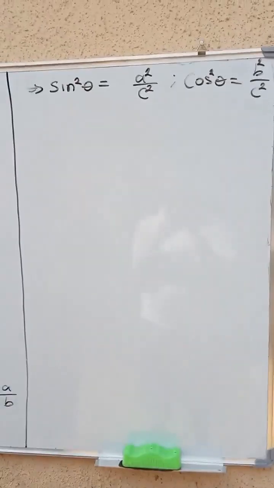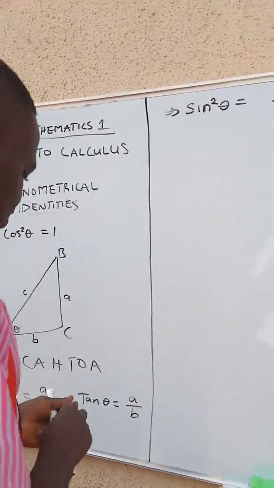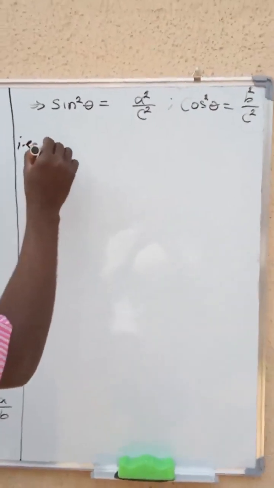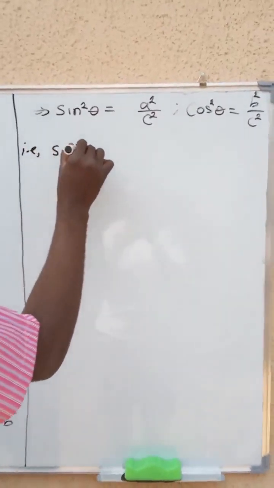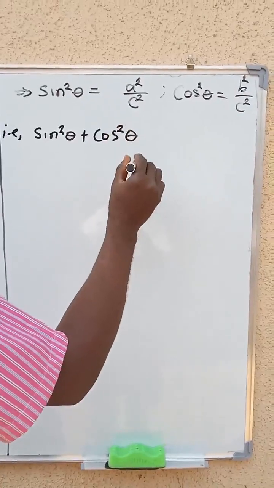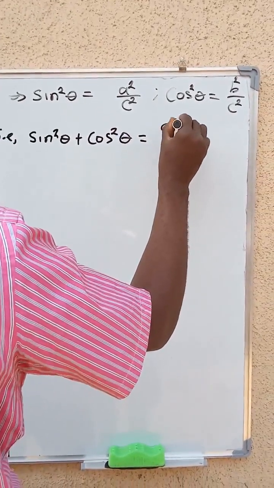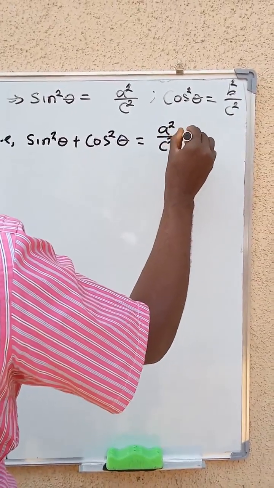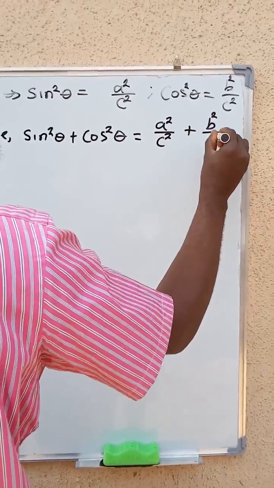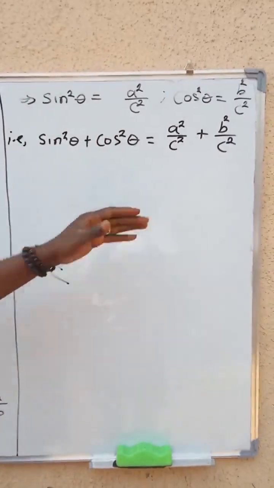Good. Now, we're trying to get this. That means if I add the two, sin² theta plus cos² theta will now be equal to A² over C² plus B² over C². Good. I think we're still moving and it's understood.